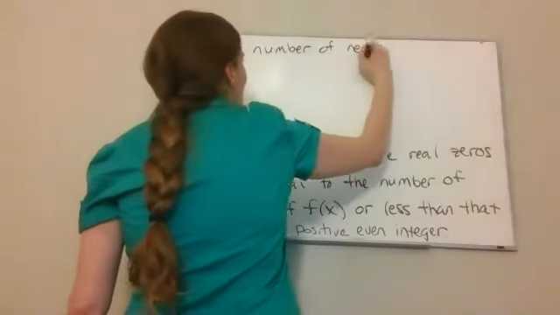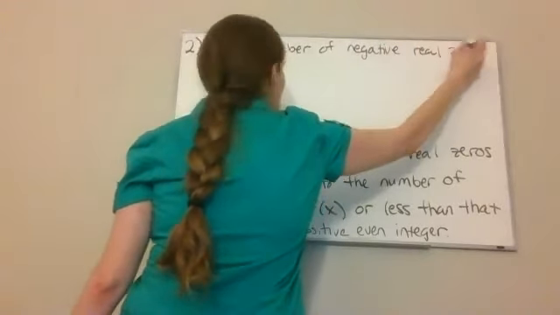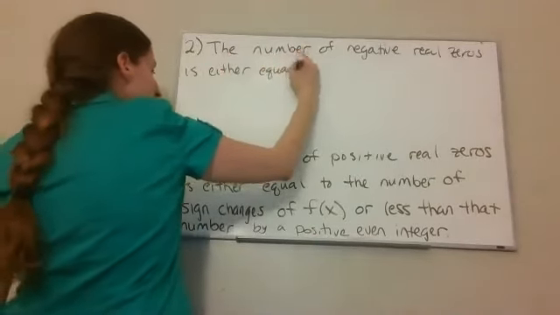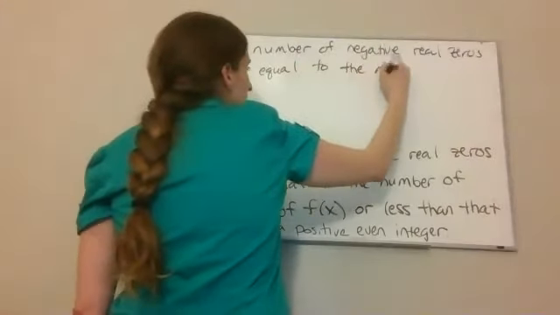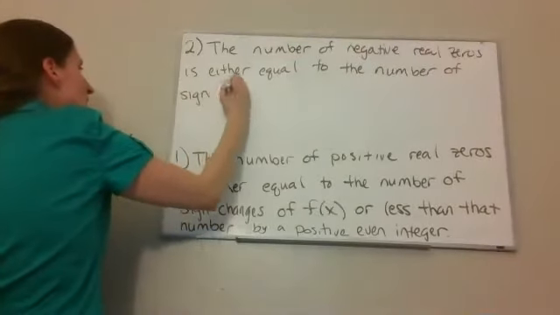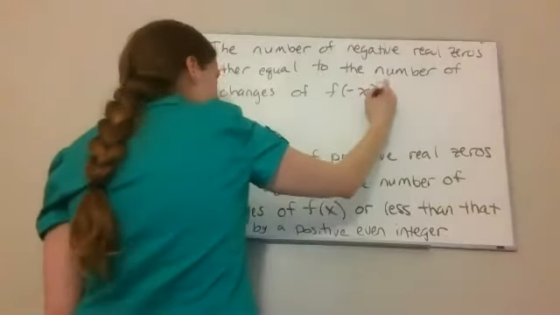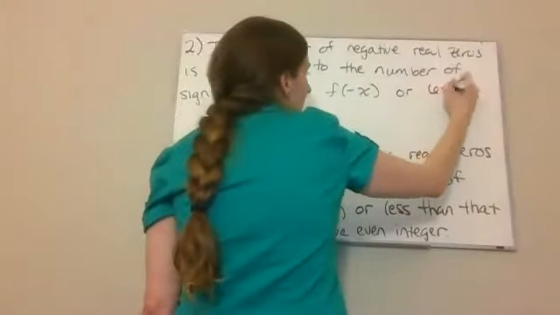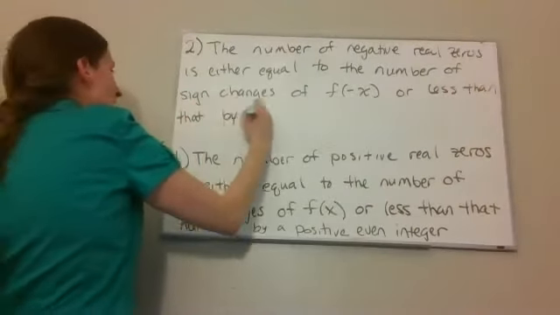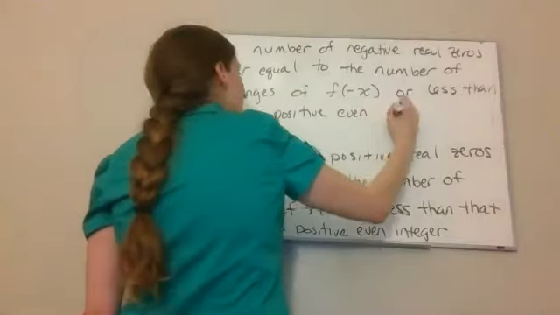The number of negative real zeros is either equal to the number of sign changes of f of negative x, or less than that by a positive, even integer.